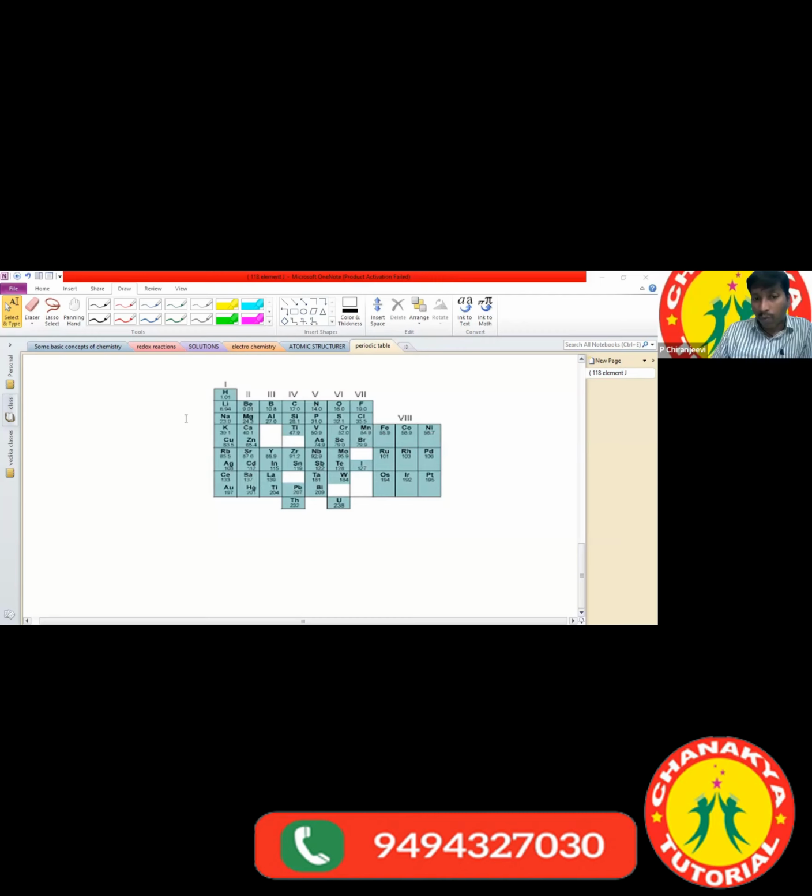First of all, Mendeleev arranged the elements in the increasing order of their atomic masses. Second point, he corrected some of the elements' atomic masses. For which did he correct here? Osmium, iridium, platinum, beryllium, indium.